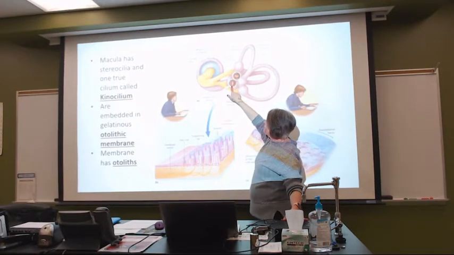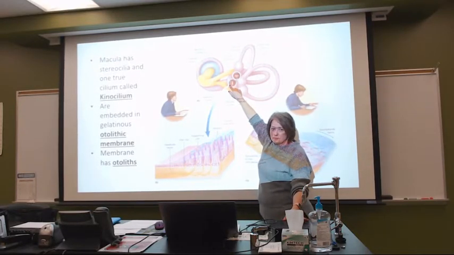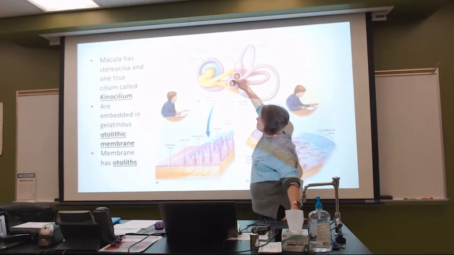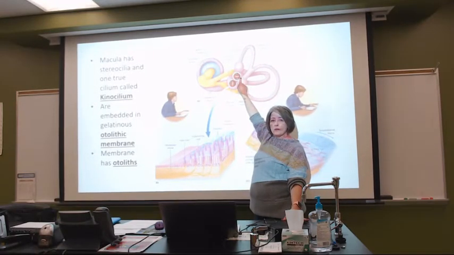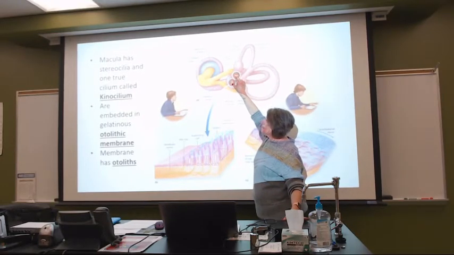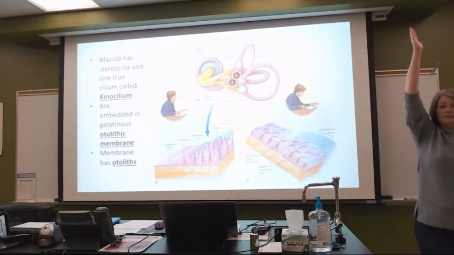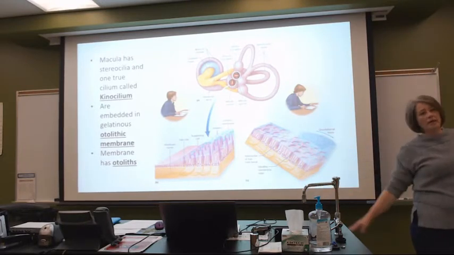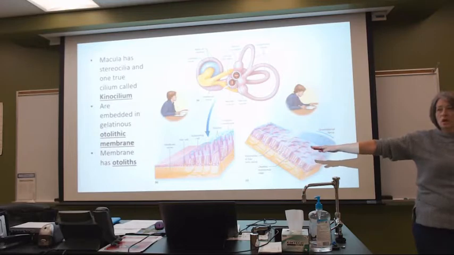I've got my saccule and my utricle. Here's my mass, my macula, okay? And we've got the one that deals with vertical and the one that deals with horizontal. So the cells that make that up are going to help us determine that orientation. This way or that way, okay? Laid out. Think about going to sleep, okay? We are then horizontal.